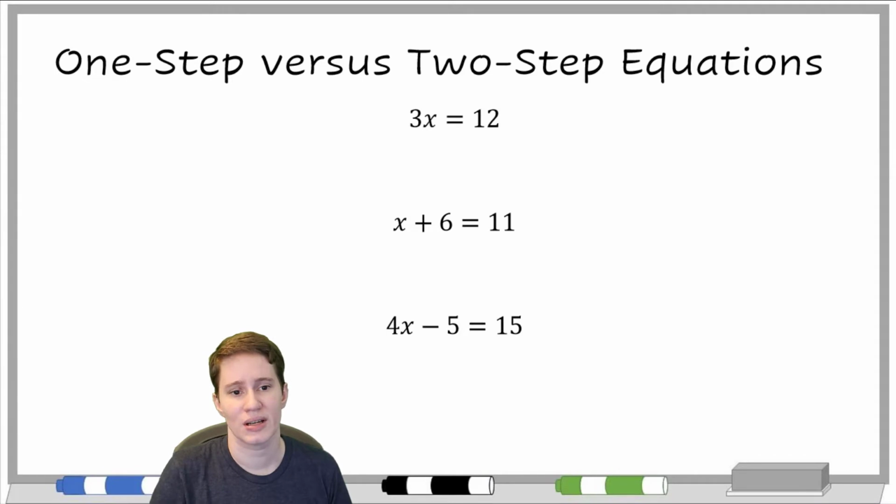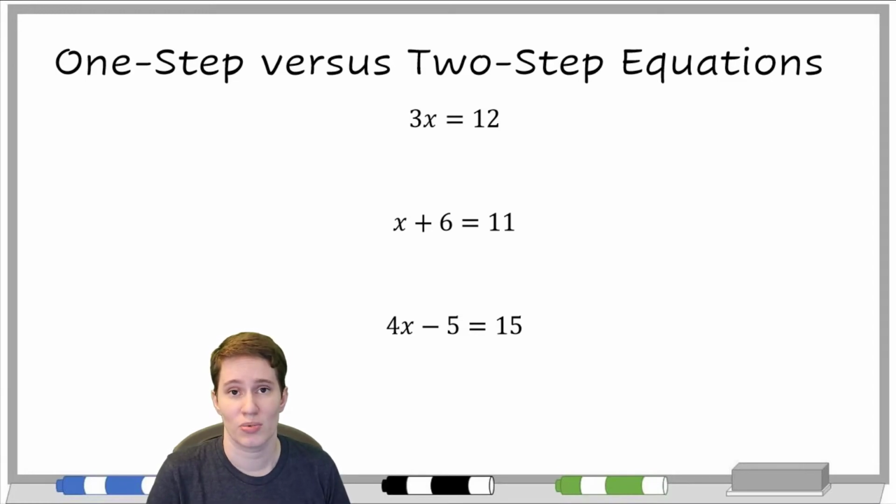So for our one-step equations that we had last time, we were able pretty easily to work through the mental math of what the answer would be. But as soon as we start adding something else to it, another step, it becomes more difficult. The more things you have to keep track of in your mind at the same time, the more likely it is you'll lose track or make a mistake or things like that. So these first two equations that are on my screen are one-step equations because we only have to do one thing to solve.